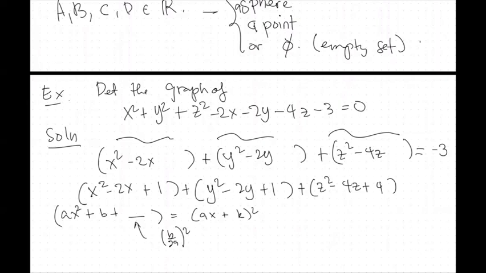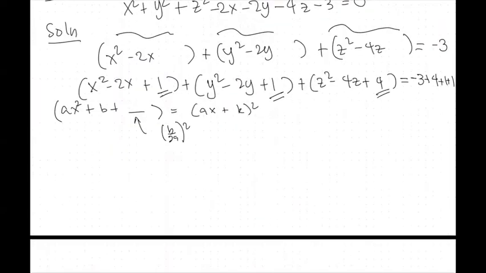In this case, b is negative 2, and 2 times 1 is 2, so we get 1, and 1 squared is just 1. So what we did here, we have negative 3, and we add 4, we add 1, and then we add 1.